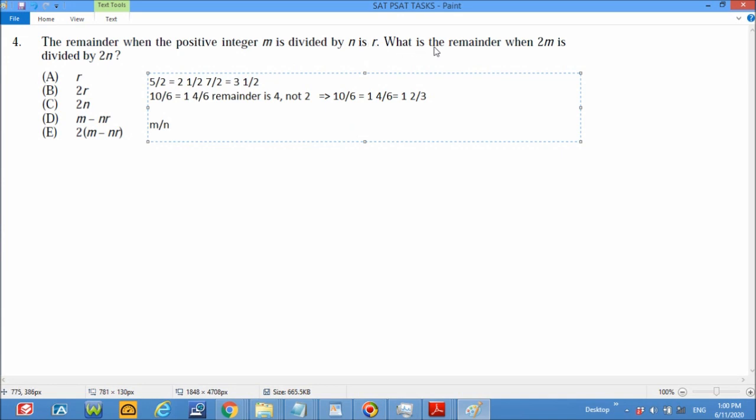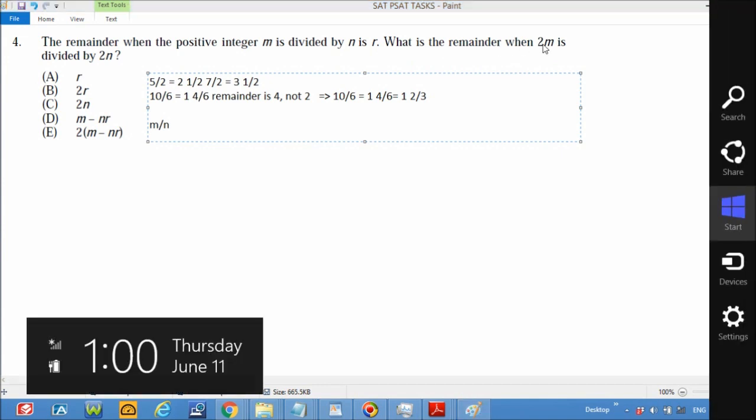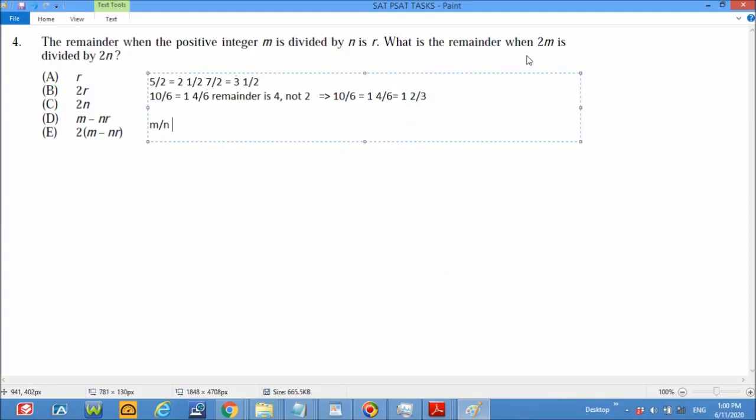And what is the remainder when 2m is divided by 2n? It means we need to know the remainder here when we put 2m divided by 2n.